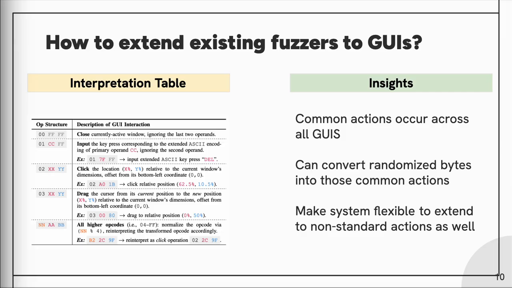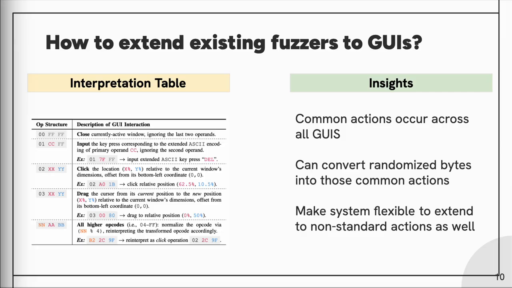Instead of building from scratch, extending from existing fuzzers allows the tool to benefit from existing advances in mutation strategies, speed modifications, and seed selection. Additionally, by extending off of an existing platform in a non-invasive manner, this allows much easier adoption of the tools on the wider market. To extend existing graybox fuzzers like AFL++ to GUIs, the authors present a GUI interaction interpreter.